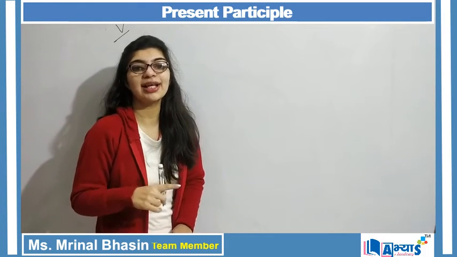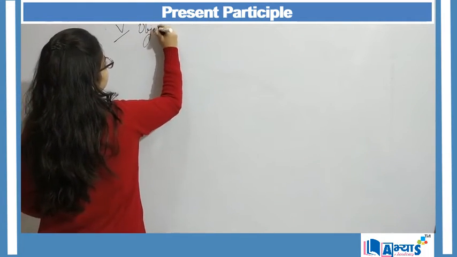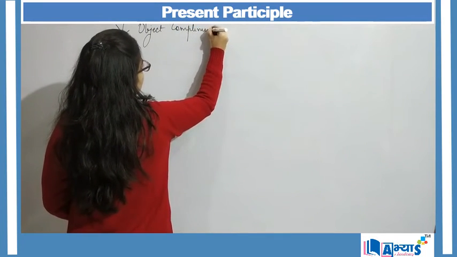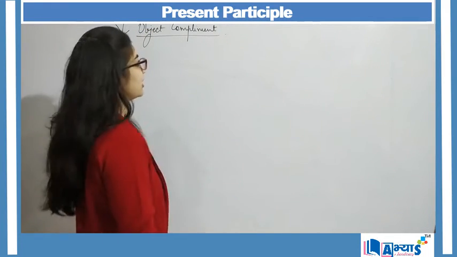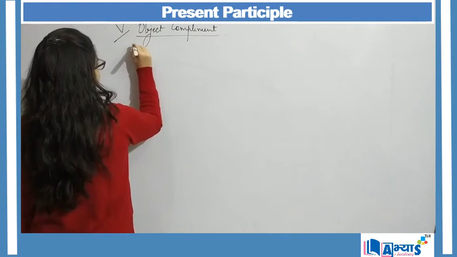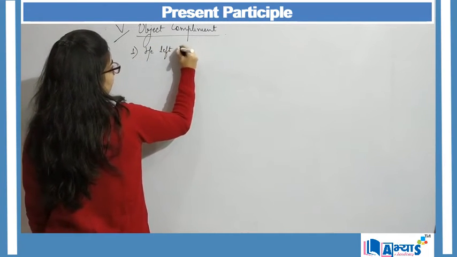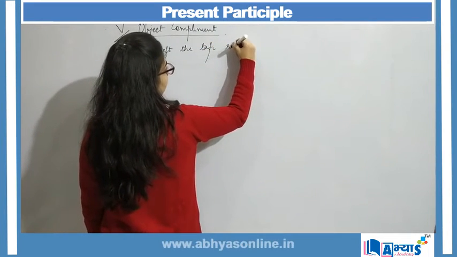Now it can act as object complement. So examples where it can act as object complement are: he left the tap running.